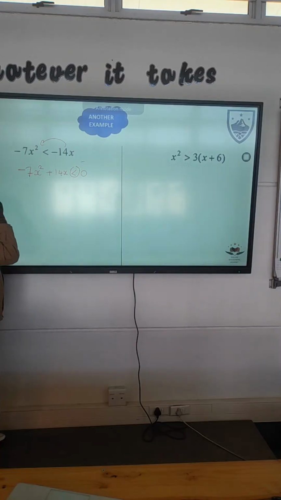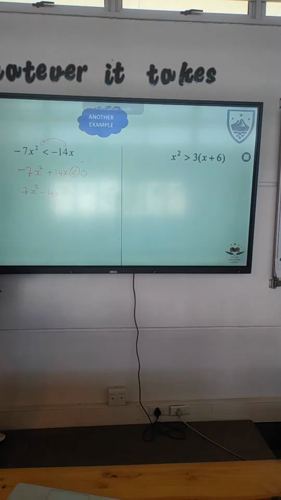But look at the value of a. The coefficient of x squared is actually negative. I like it to be positive to make my life very easy. So I'm going to multiply everything by a negative, or divide everybody by a negative, and I'm going to get a 7x squared minus 14x. But because this is a sign, the sign will also change.